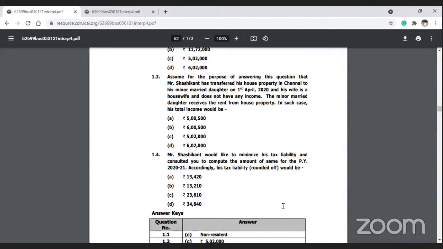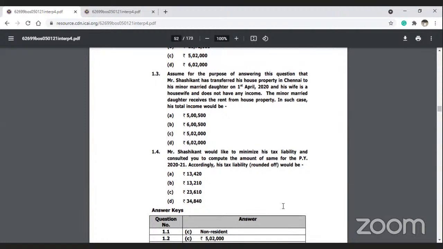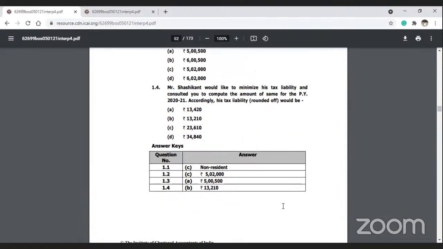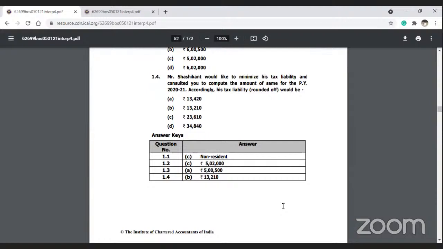He will opt for 115BAC. So option number B, sorry, it is correct. Everyone got this? Could you tell the calculation? Yes. For the first 2,50,000 it will be 0, and the next 2,50,000 at 5%, and then 2,000 again at 10%.